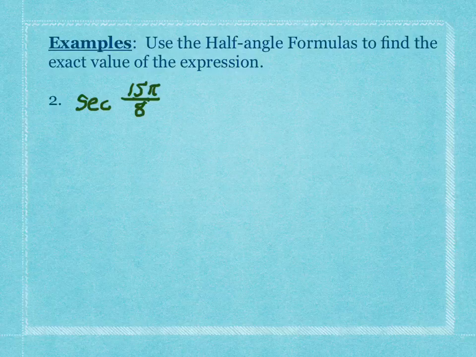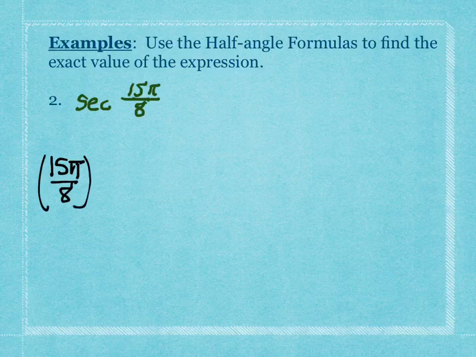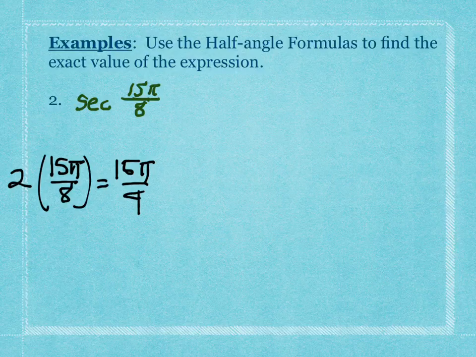If I took 15 pi over 8 and I multiply it by 2, I get 15 pi over 4, don't I? Now, that's not one of the 4 that you know. It's bigger than 2 pi, but it's definitely something over 4, which means I can do some adding and subtracting whatever I need with 2 pi's to get it back where it needs to go.